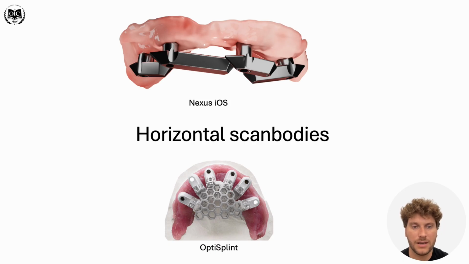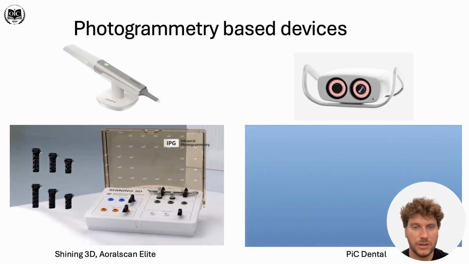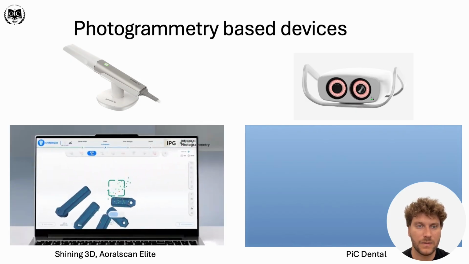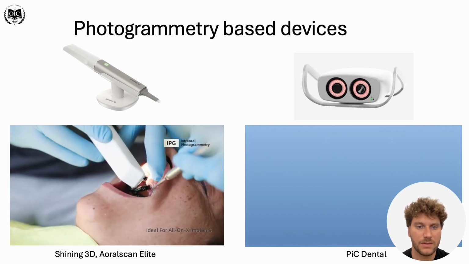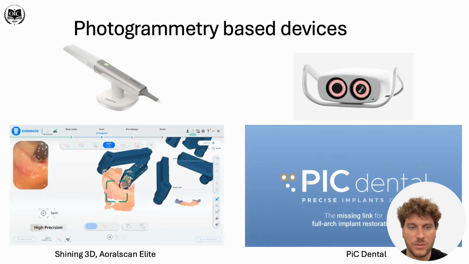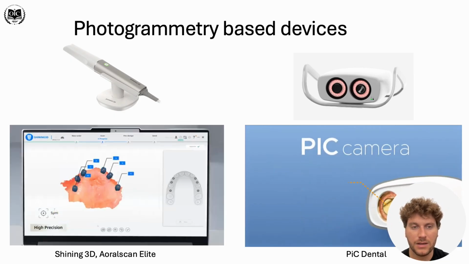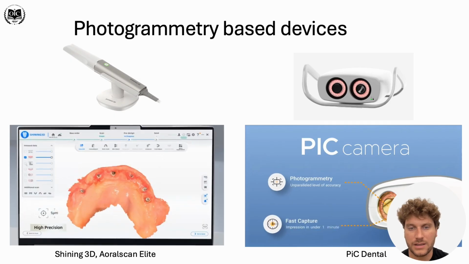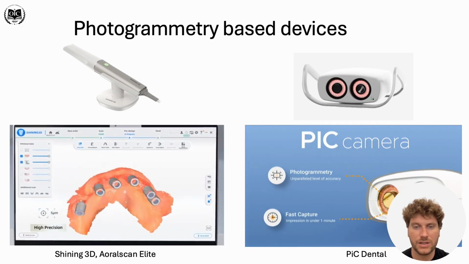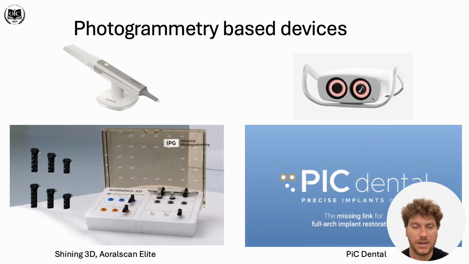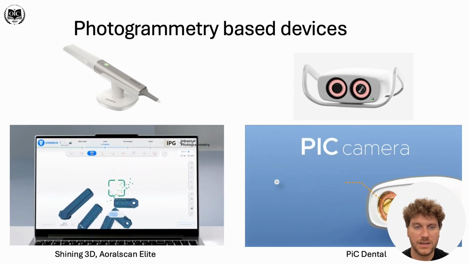But there is a recent surge of companies that produce these horizontal implant scan bodies, which help intraoral scanners produce more accurate results. And also we have photogrammetry devices that we can rely on, but these are pricier and suit those dental clinics where the main focus is full arch cases. Then it becomes a sensible investment.